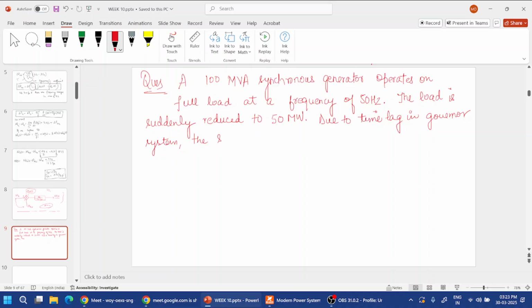The steam valve begins to close after 0.4 second.